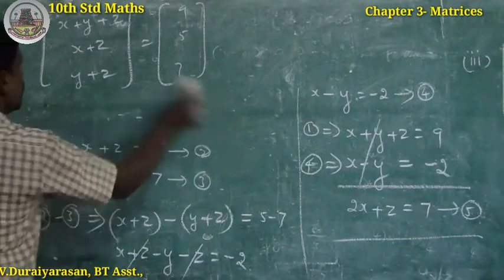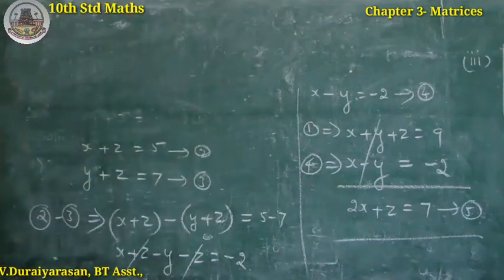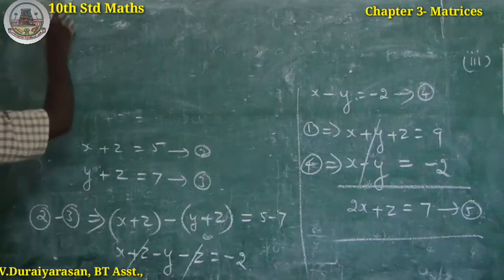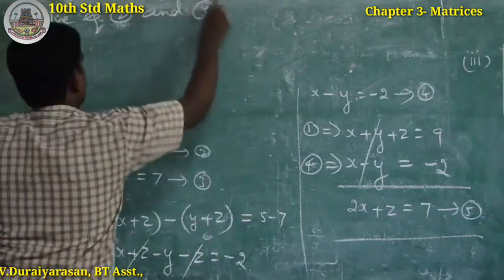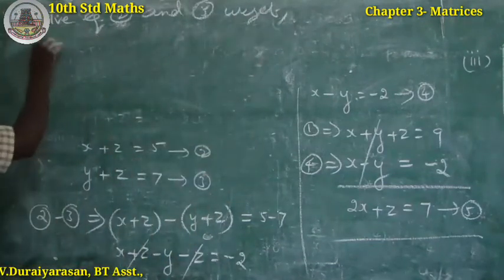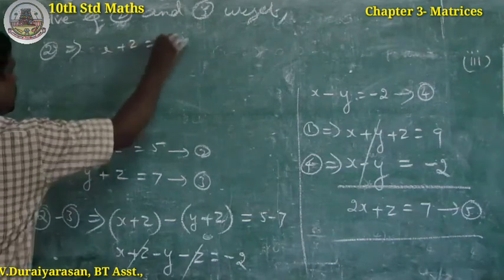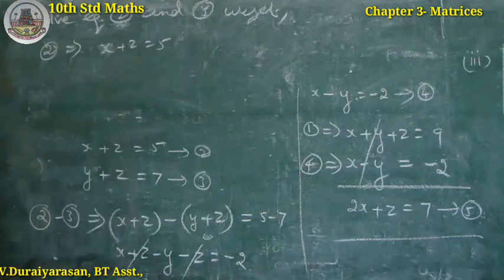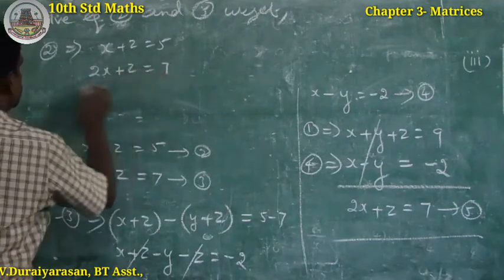Right. Solve equation number 2 and 5. From 2, x plus z is equal to 5. 2x plus z equal to 7.